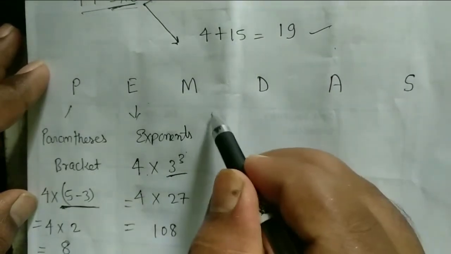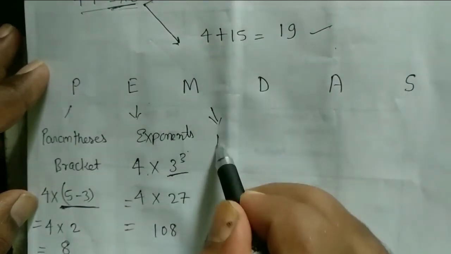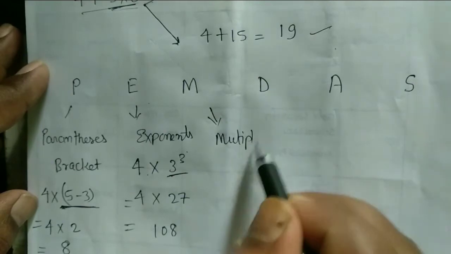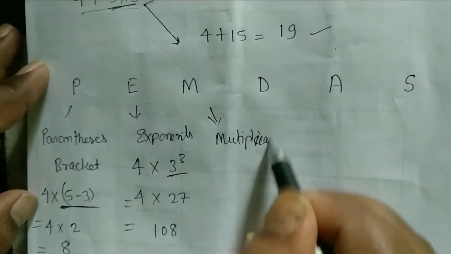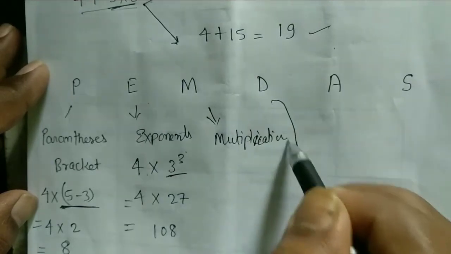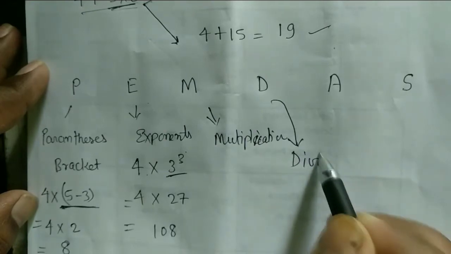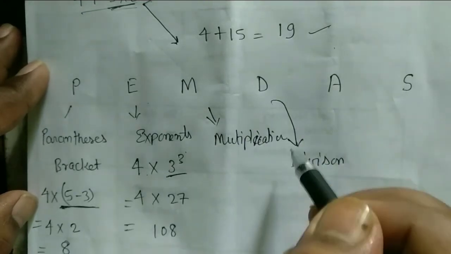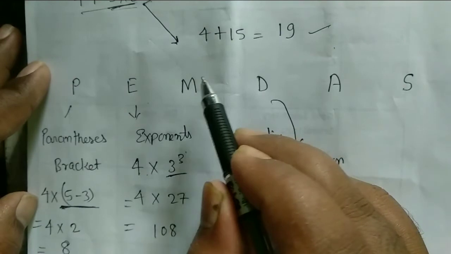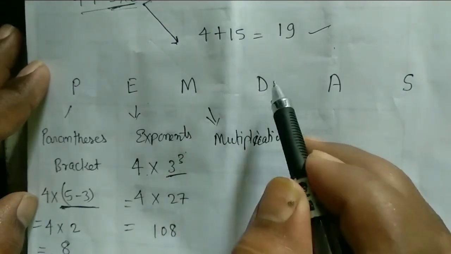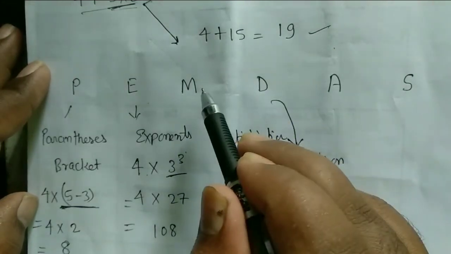Then comes multiplication and division. You see, there is no hard and fast rule that we should do multiplication first and then division, or division first and then multiplication, right?